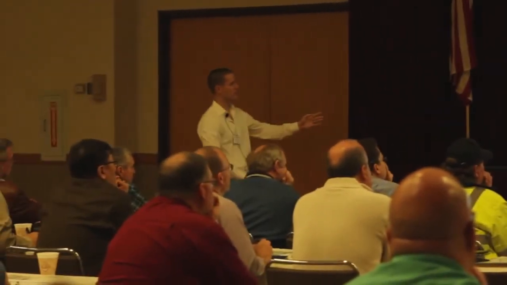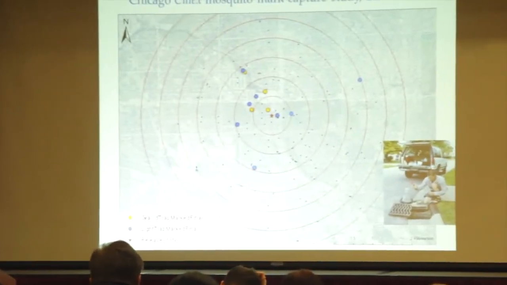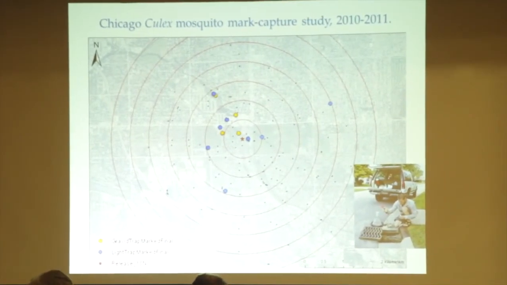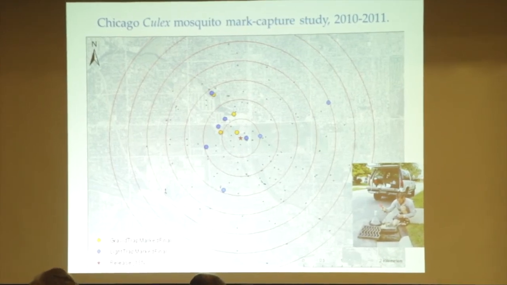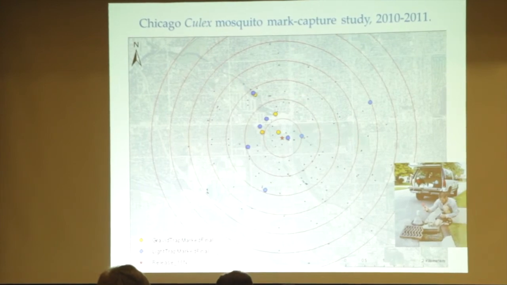So just looking at this data, this is from 2010 and 2011, you can see that mosquitoes stayed within about 1 kilometer, but there was at least one female that made it 2.4 kilometers away. So they certainly can travel, especially when we're looking at 15, 20, 25-day-old female mosquitoes. Certainly there is some level of wind-facilitated travel.